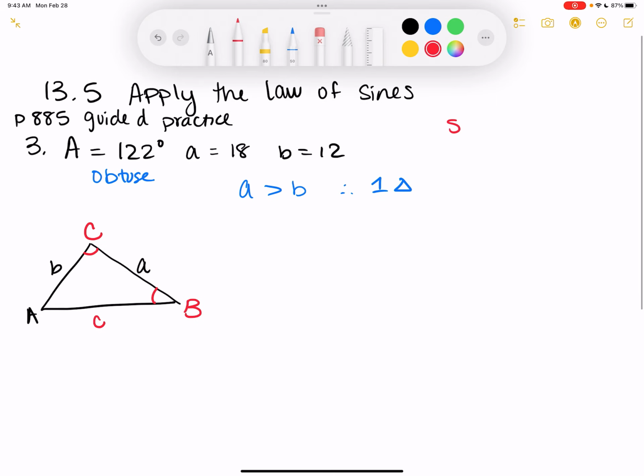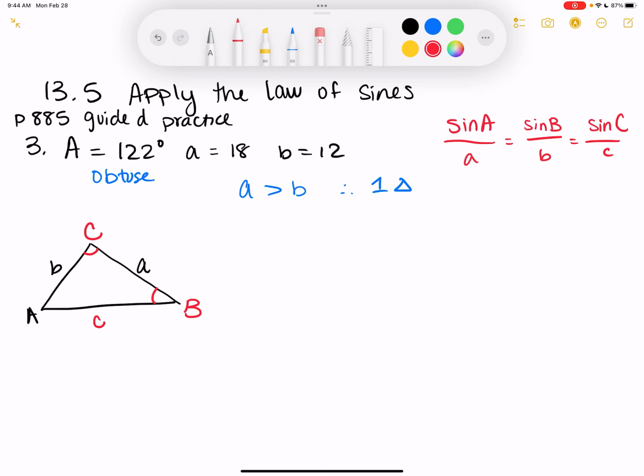It doesn't matter which way you do it, but sine of A over A is equal to sine of B over B is equal to sine of C over C. It also works if you flip them upside down, but just so that we have them there.